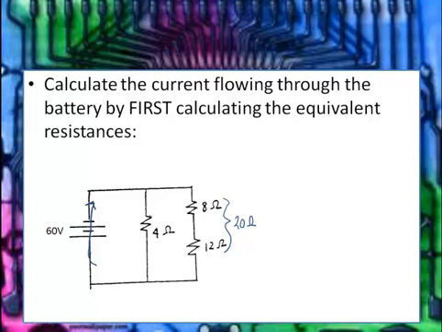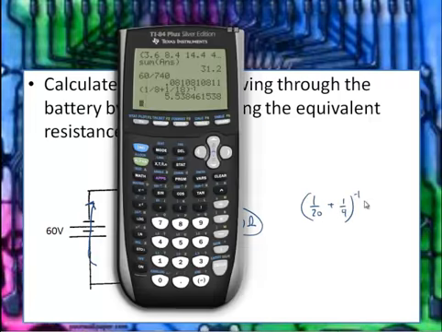Now I've got effectively a 4 and a 20 ohm in parallel, so I can add them up using the reciprocals: 1/20 plus 1/4, and then the reciprocal button.